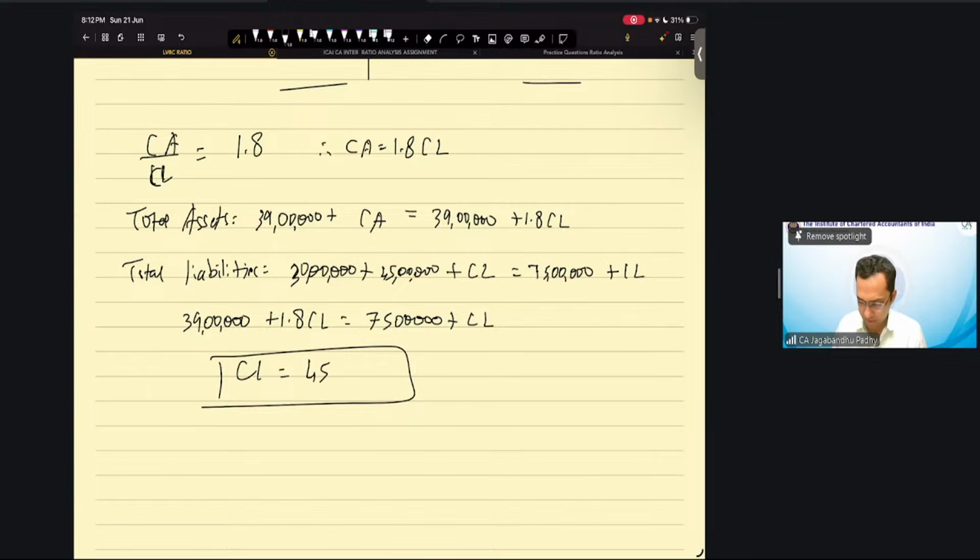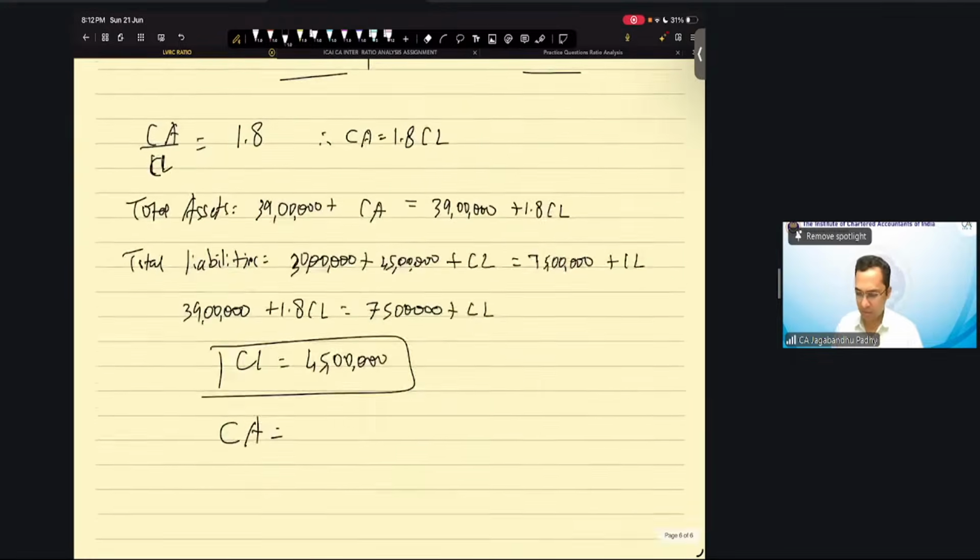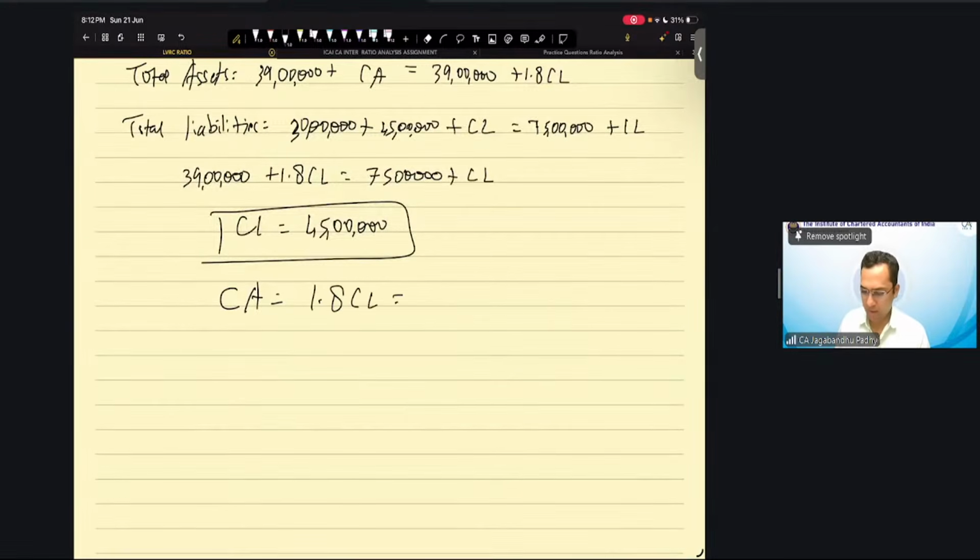So current liability is 45 lakh, and current asset will be 1.8 times current liability, which is 45 lakh into 1.8. 81 lakh is the value of current asset.